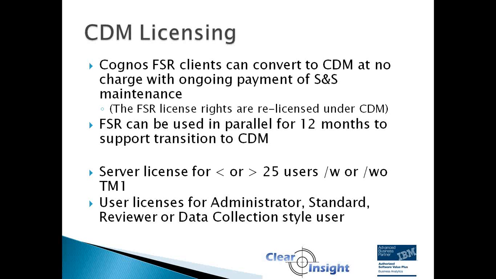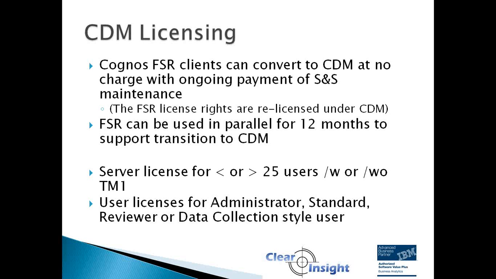For companies to take advantage of the FSR to CDM licensing, any that are currently still on an FCT type license with IBM need to transition to a Passport Advantage type license. That does have some potential impacts, and you just need to be aware of that, and we're happy to talk to you about what's involved in that.